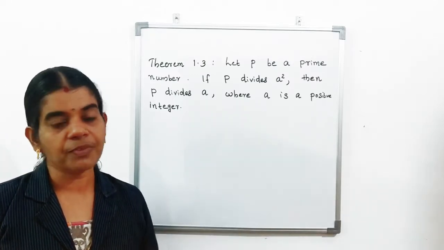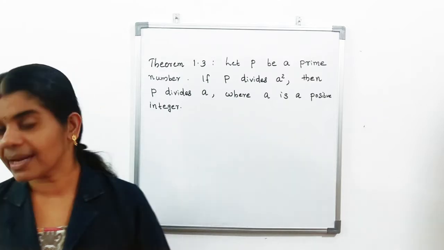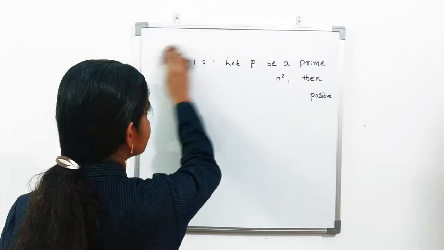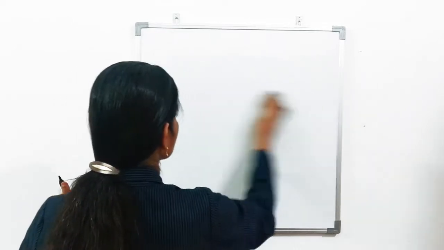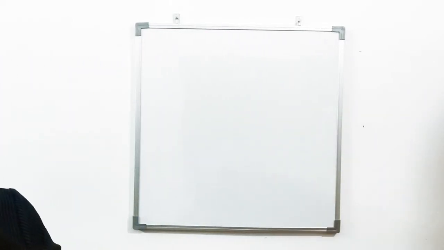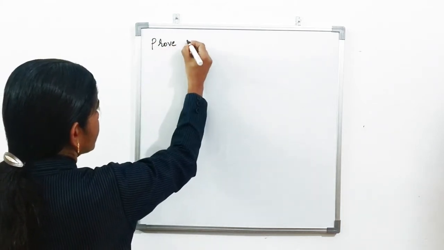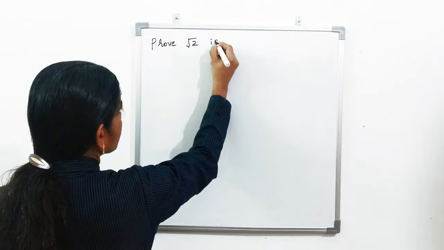Next we are going to prove root 2 is irrational. Just listen here. First we want to prove root 2 is irrational. Proof: root 2 is irrational.